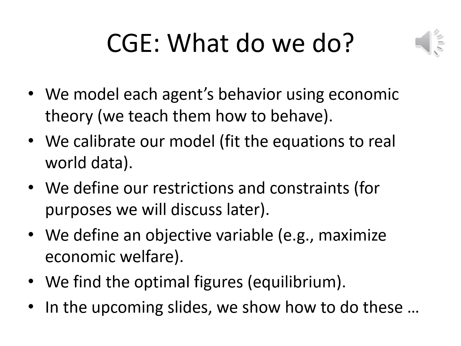Okay, here's what we're going to do. We're going to model each economic actor's behavior using our knowledge of economic theory. So that means we are teaching the economic actors how to behave. And then we will calibrate our model, which means we will fit our equations to real world data, which come from the SAM.